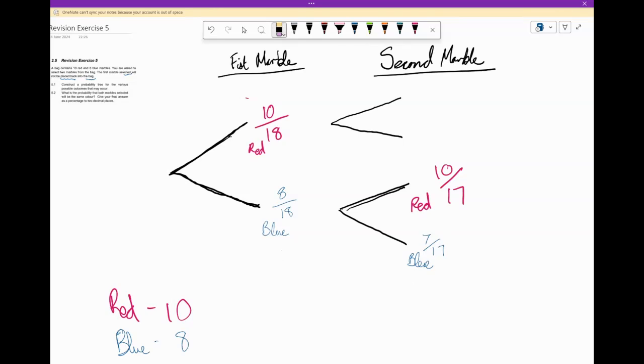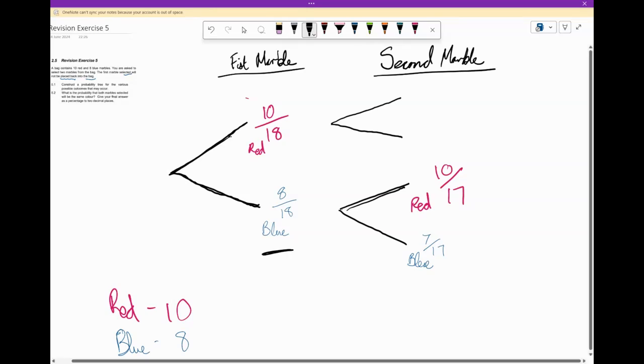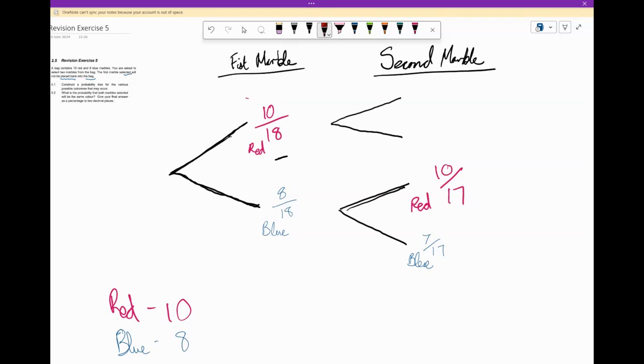Cool. So now we've assessed all the different scenarios that can happen if we start off picking a blue. Now we need to go back to if we start off having picked a red. So there's the probability that we could pick another red, isn't it?